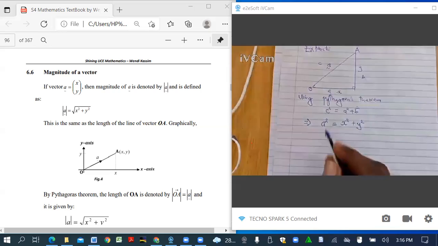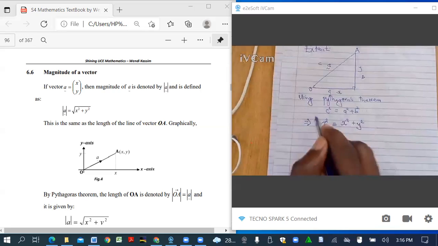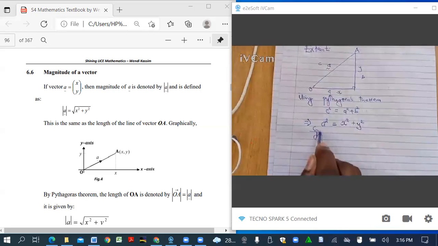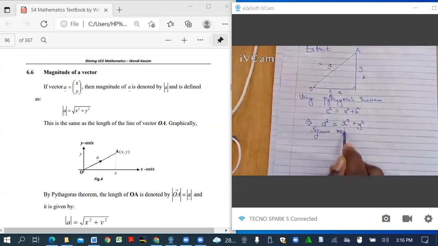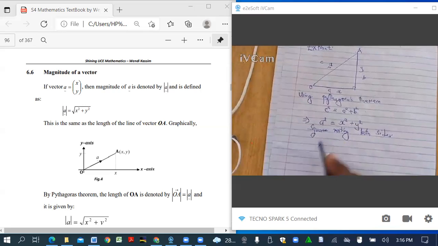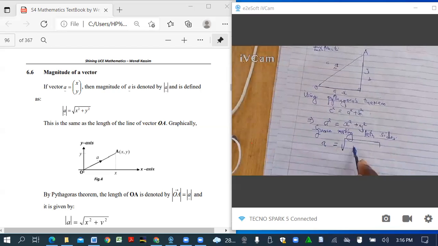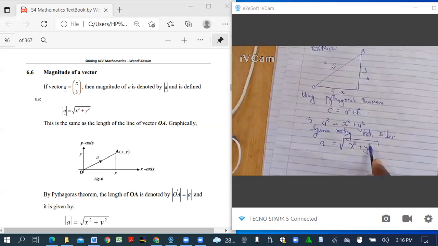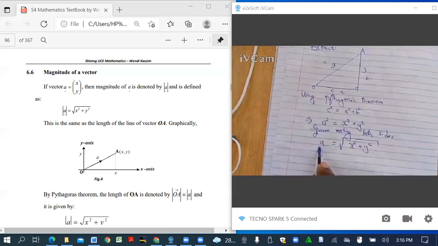So if I get the square root on both sides, I remain with a. A equals the square root of x squared plus y squared. Are you seeing that? But when you just leave it like this, it is wrong in vectors.